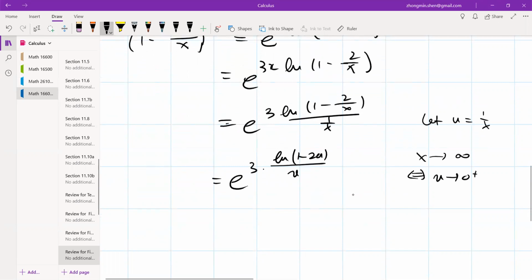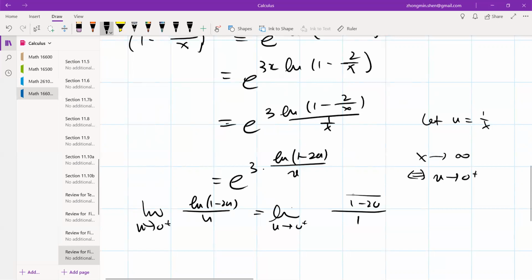So this will be a 0 over 0 type, and so the limit as u approaches 0 uses L'Hopital's rule. It's going to be 1 over 1 minus 2u times negative 2. So the limit is negative 2 when u approaches 0.